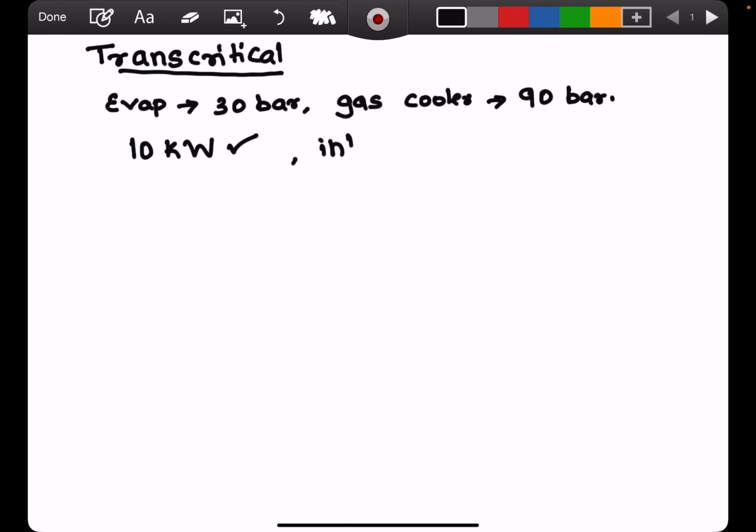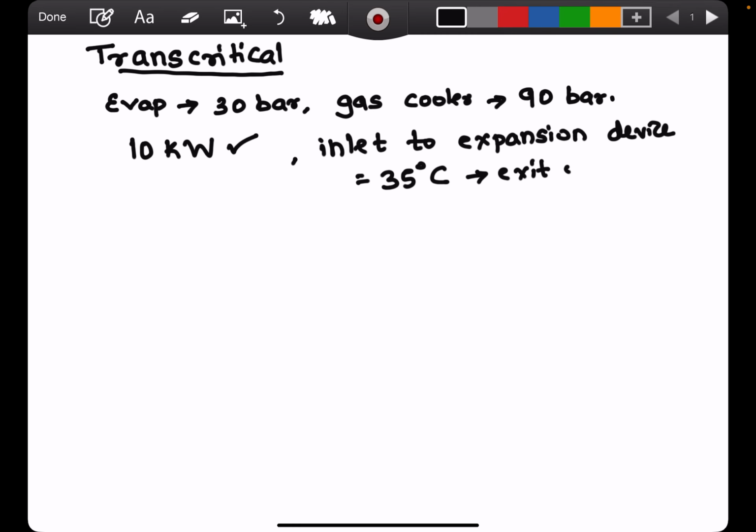Inlet temperature to the expansion device means the exit temperature of the cooler. So you know that inlet to expansion is the exit of cooler, so that temperature is given.